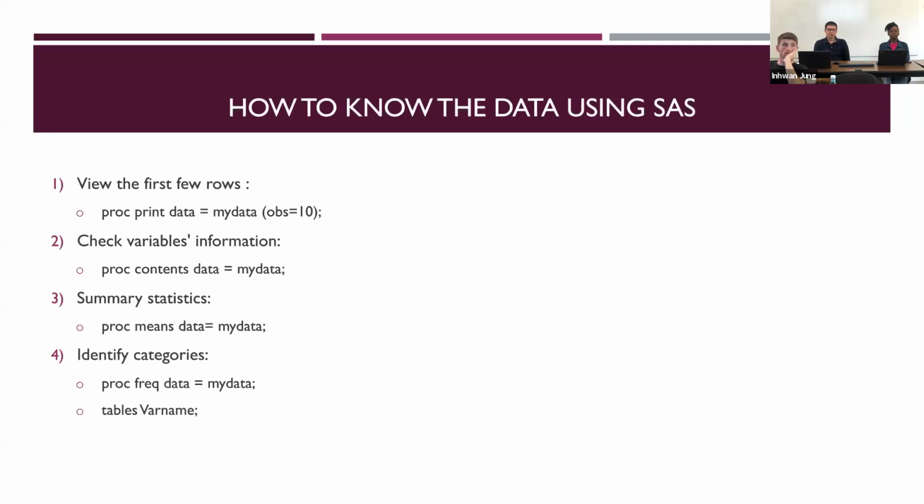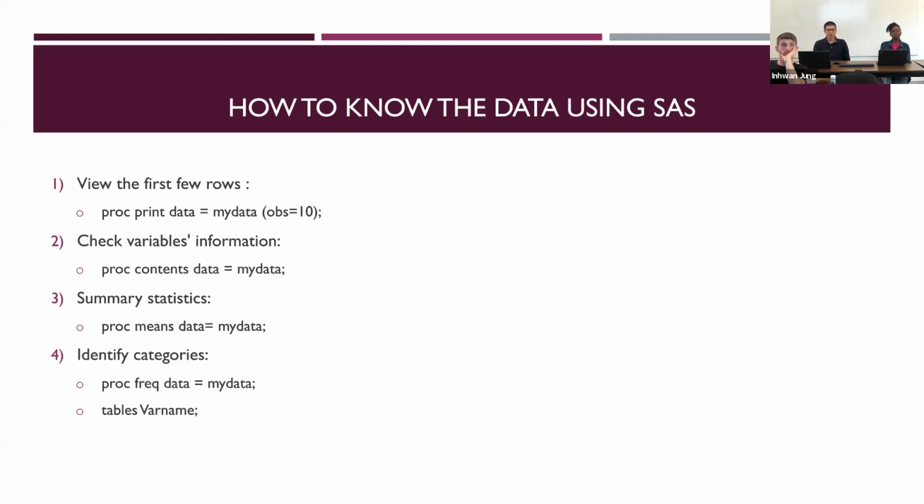Once you import your data set to the SAS program, we need to understand what this data set looks like. There are 4 basic SAS commands to explore the data set. The first one is the PROC PRINT command.